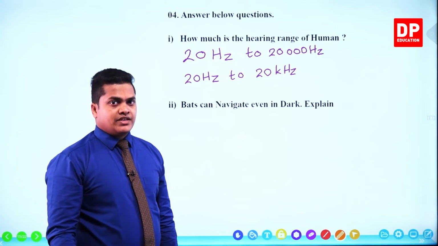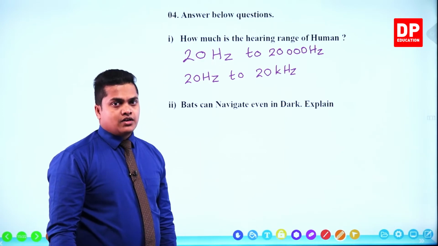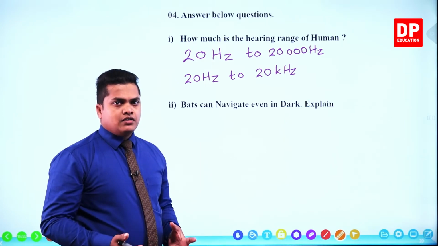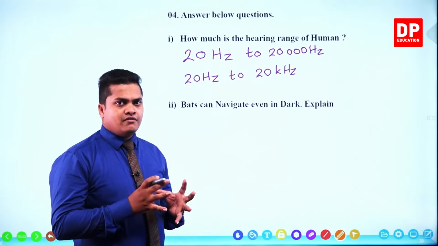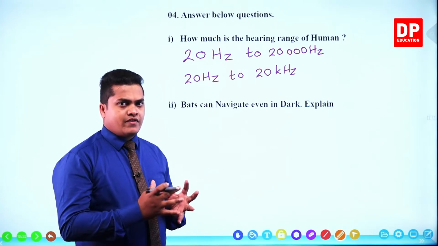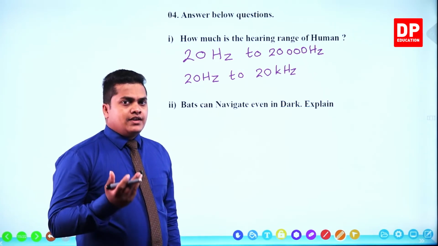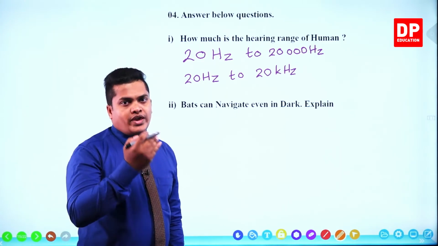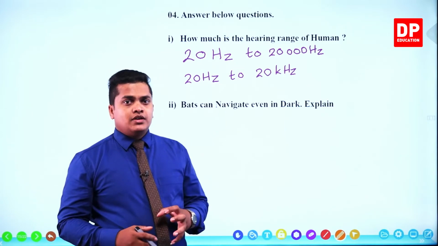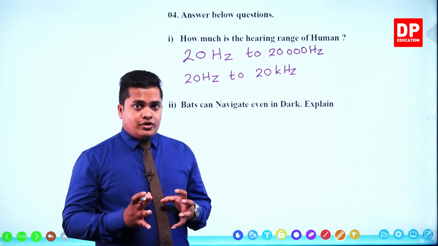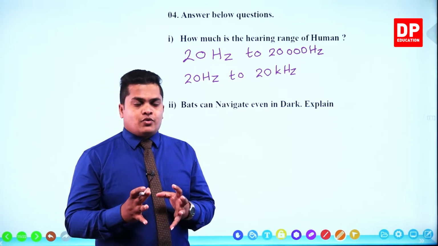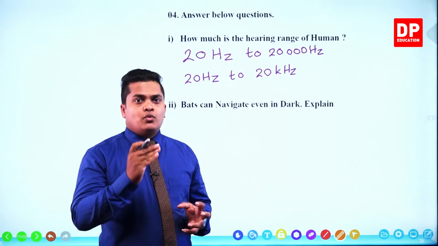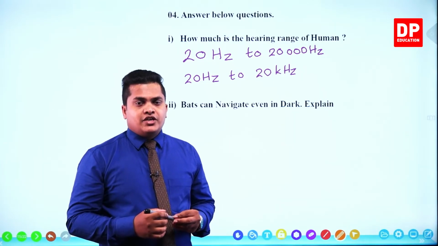Bats can navigate even in dark. Explain. Even in dark, bats can find their way to travel. It's because they navigate through ultrasound waves. My dear children, I told you that bats and dolphins use ultrasound waves in their navigation.